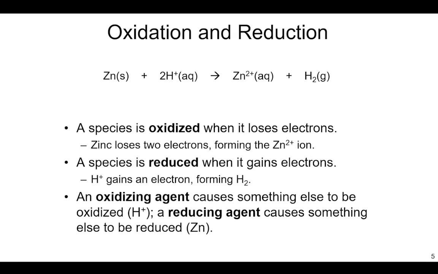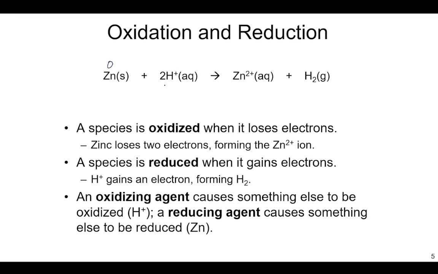Let's look at this zinc solid reacting with two aqueous protons. Zinc becomes then 2+, and you evolve some hydrogen gas. So let's go through and assign oxidation numbers to each element here, both on the reactants and the products. Zinc, an element by itself, elements are 0. Hydrogen, it's an ion here with a +1 charge.